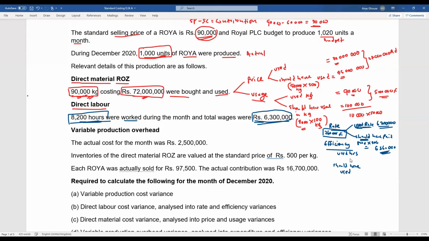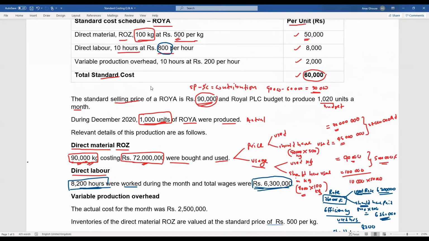Used hours: 8,200. How many hours should we have used as per the plan? We were planning to use 10 hours for 1,000 units.